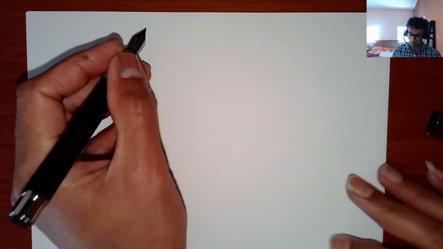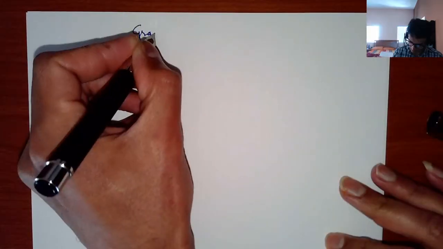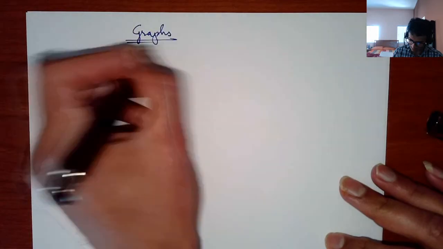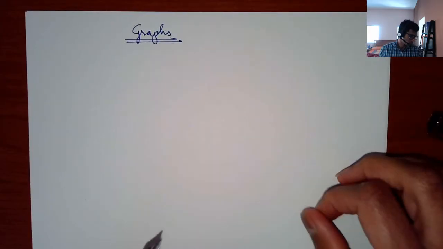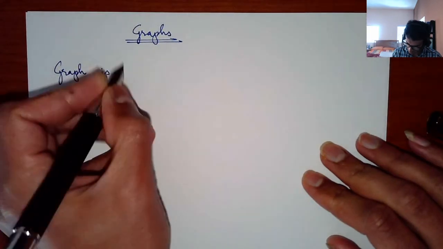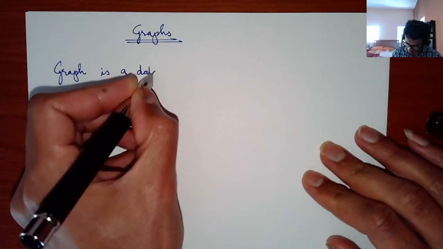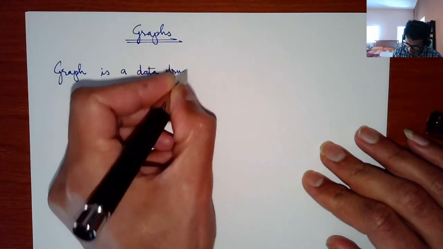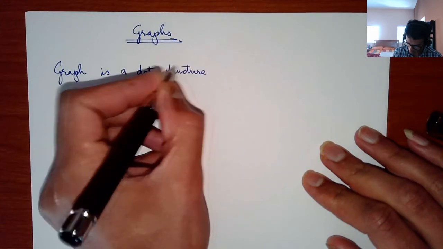So we're going to start our final topic for the course, and a very important one, and that is graphs. So a graph is a data structure, or that's actually somewhat incorrect.